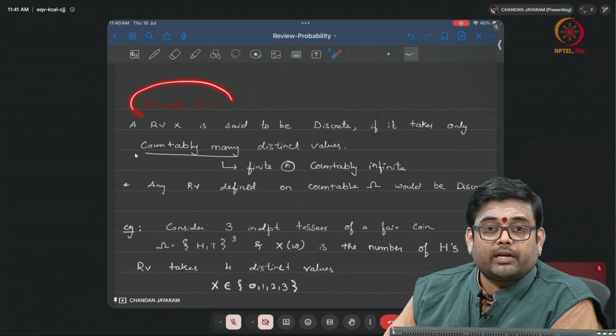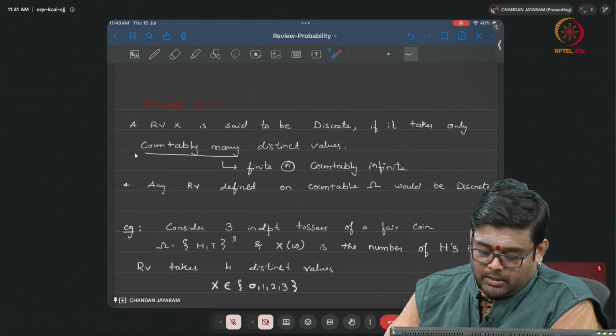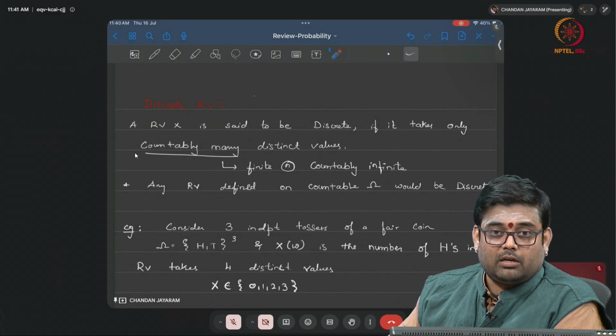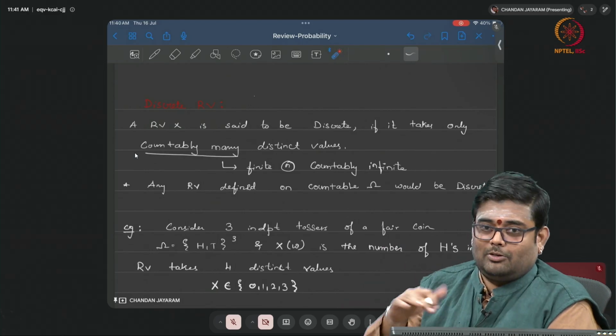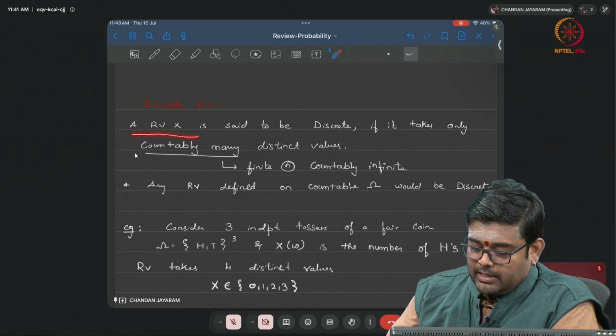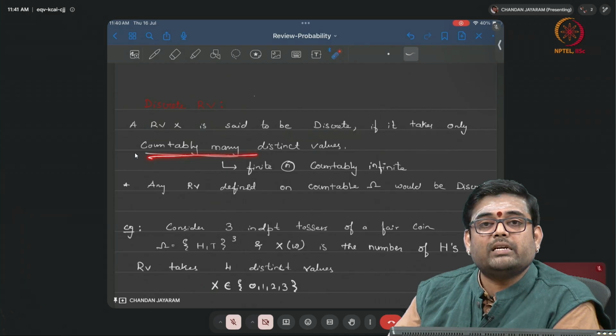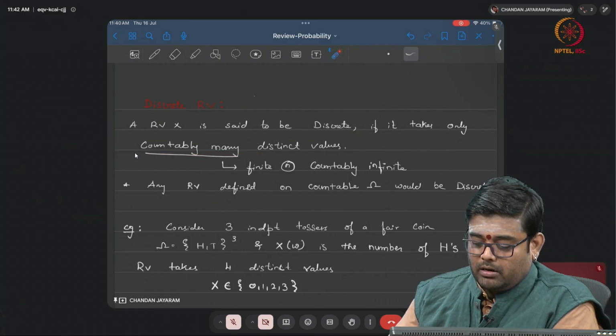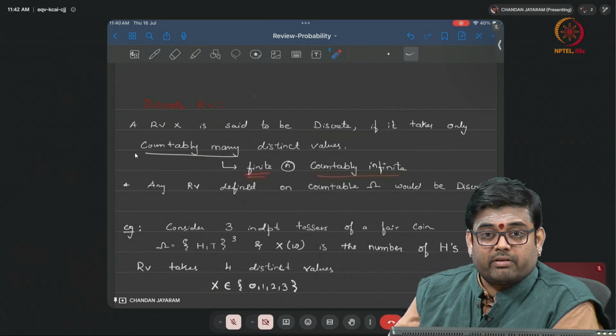The definition of the discrete random variable goes like this. Consider a random variable x on a probability space. A random variable x is said to be discrete if it takes only countably many discrete values. Whenever I say countably many, I mean either finite or countably infinite.